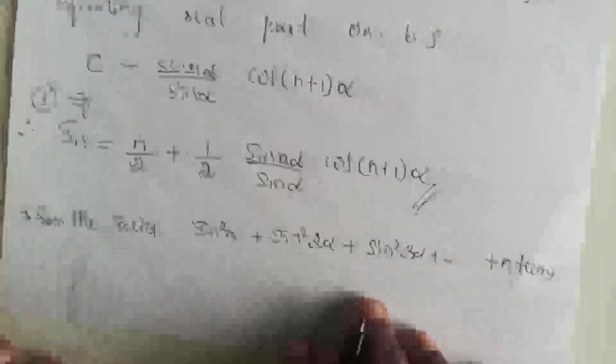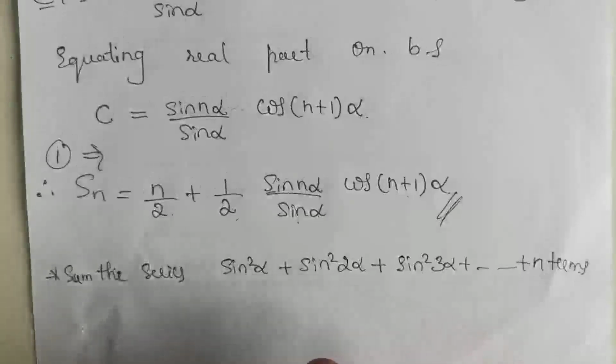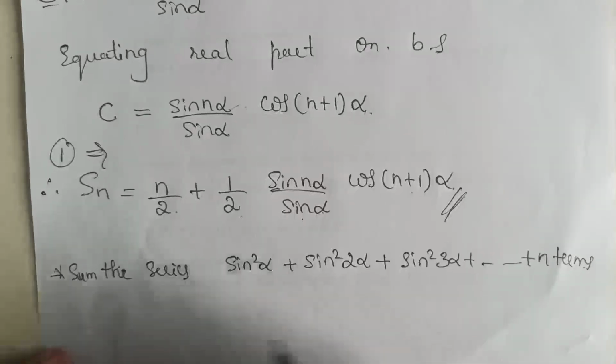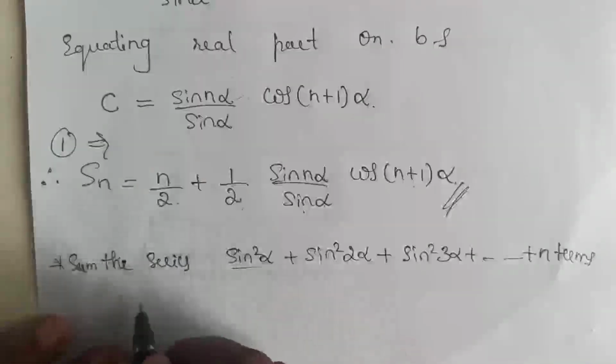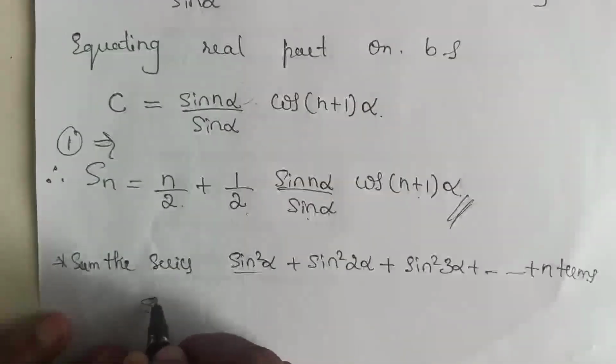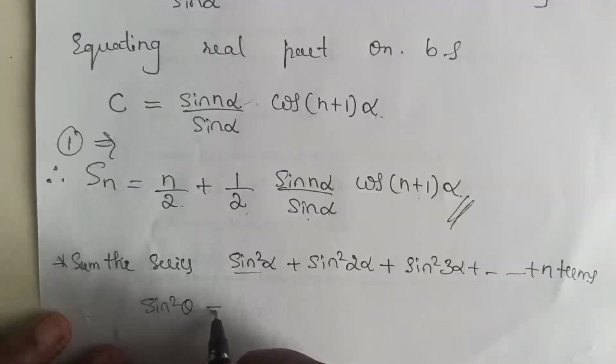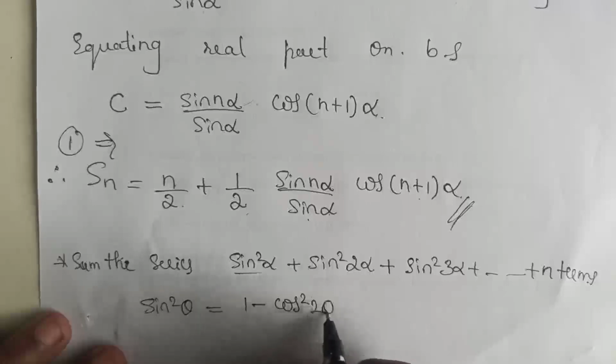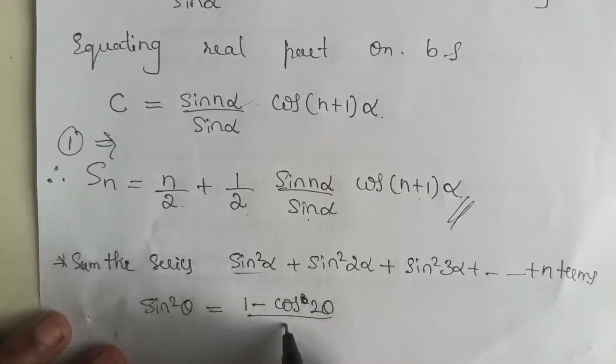So here the only difference is in equation 1 you will get n by 2 minus 1 by 2, because the sine formula is, we have sin square θ formula is 1 minus cos 2θ divided by 2.